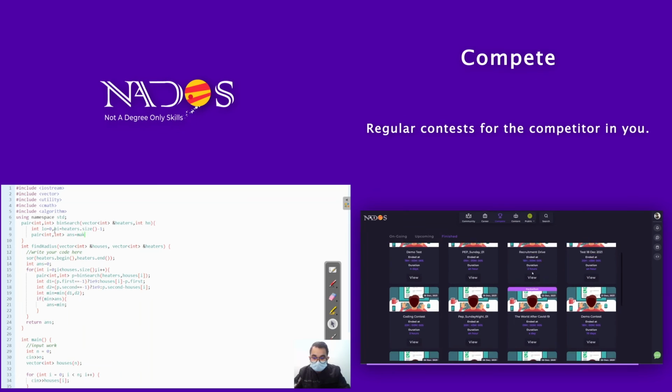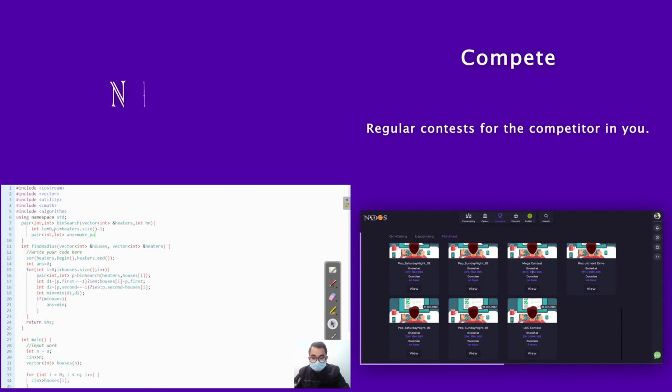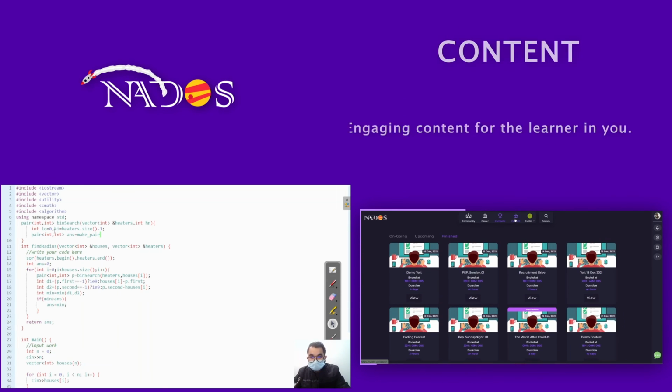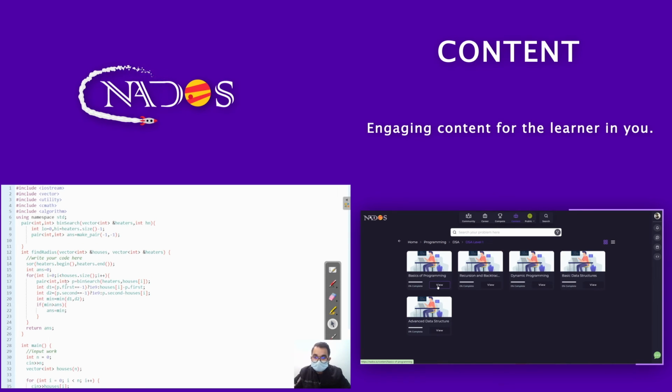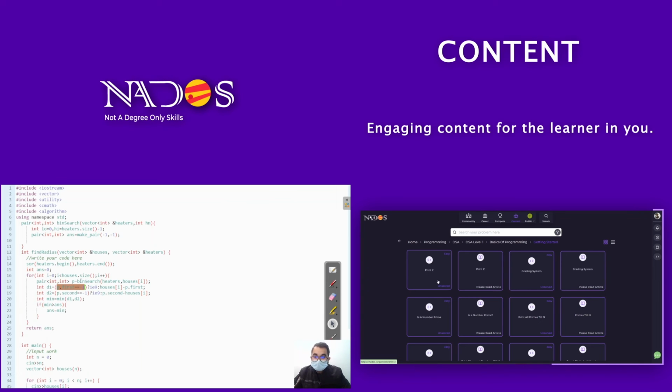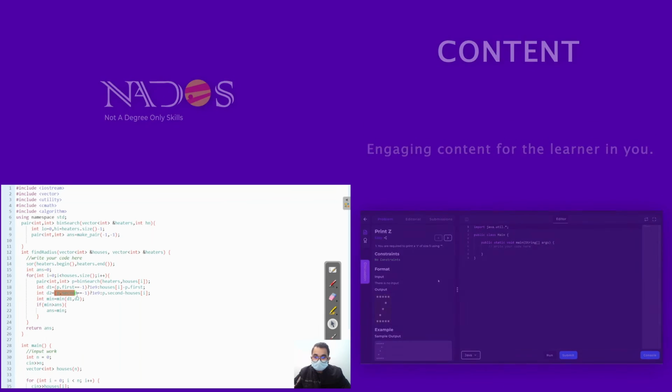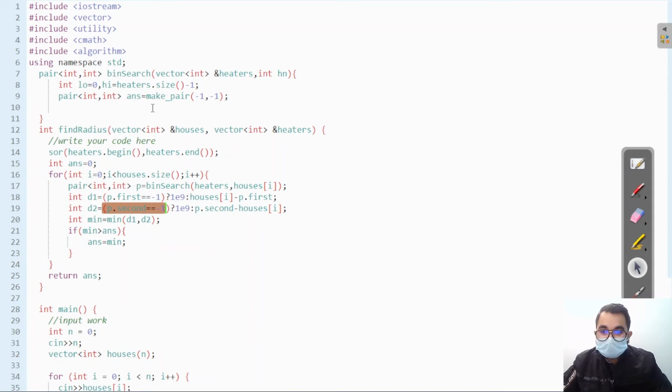Answer, make pair, because in the starting we need some value, and I will put -1 in both of the cases because I was checking if there is no heater on the left side or no heater on the right side, there should be some condition, so I have put it here.